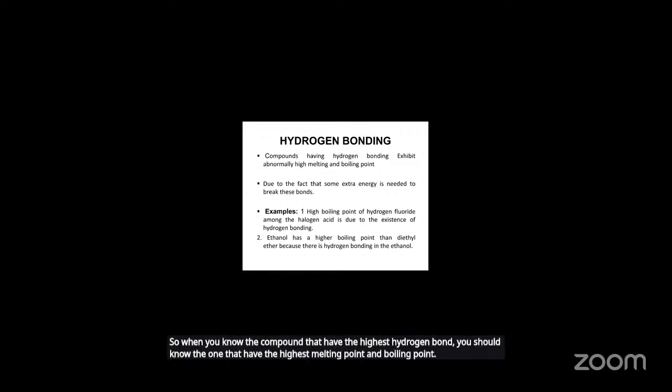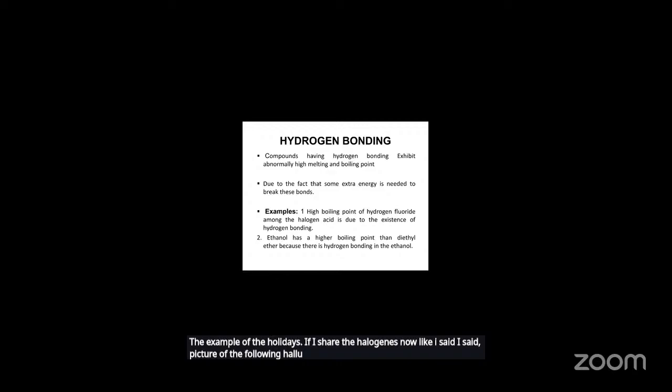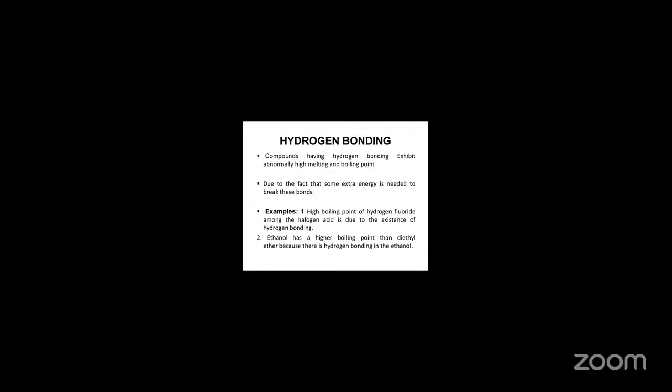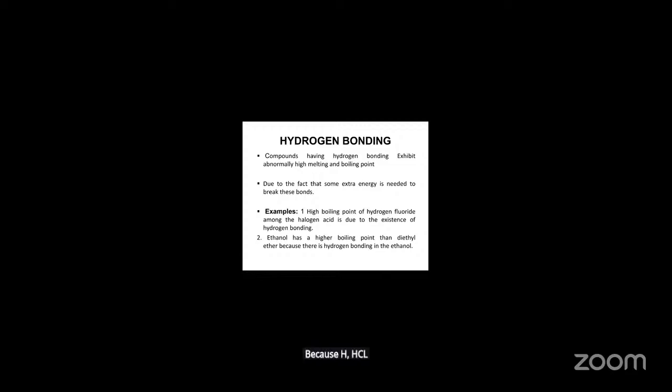So, example of the halogens. If I ask which of the following acids, HF, HCl, HBr, and HI, will have the highest boiling point, I think you should be able to answer that question without wasting a second.